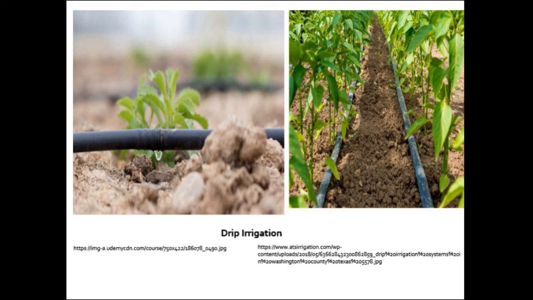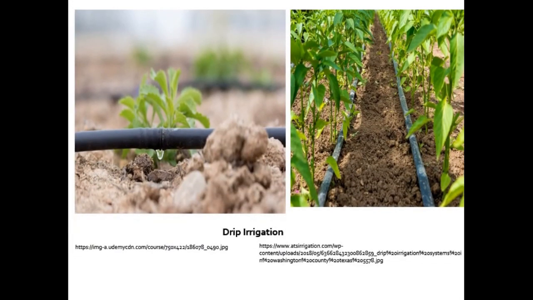This type of irrigation can be applied in arid regions for fruit and nut trees, grapes and other crops, sugarcane, pineapple, strawberries, flowers and vegetables. Some of the few advantages of this method are that only the root zone of the plant is supplied with water.